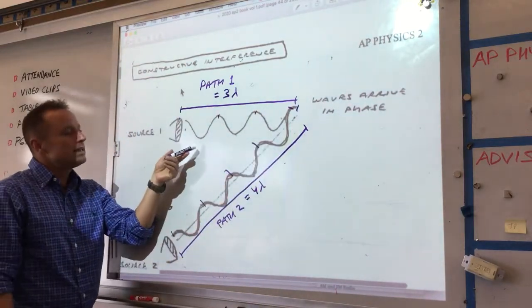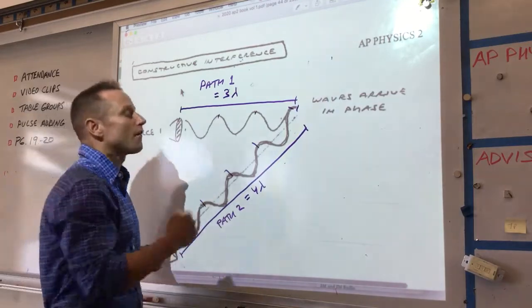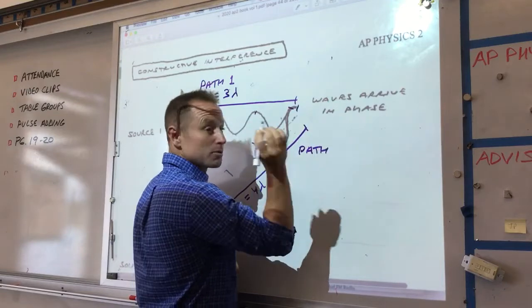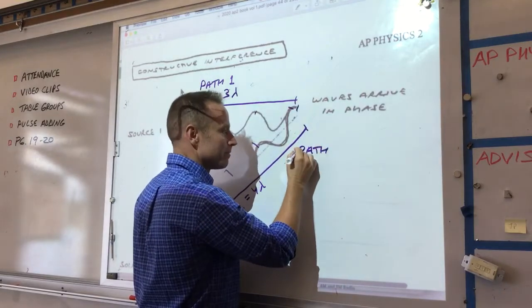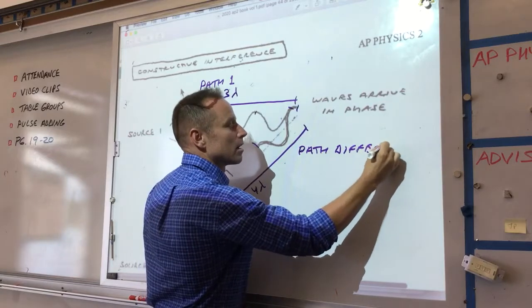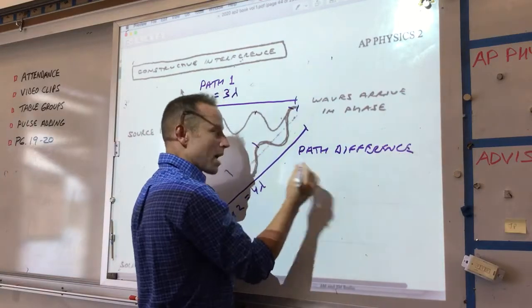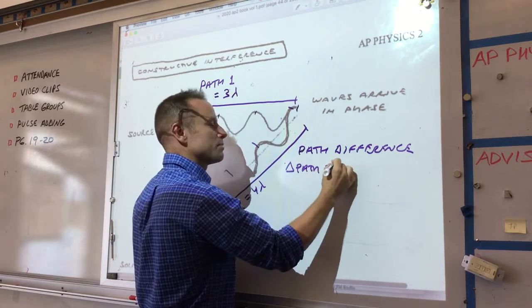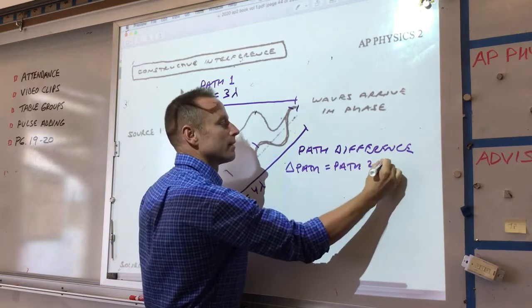So what's key here is you notice what's called the path difference. This is the most important thing in this whole unit, honestly. So the path difference, which I'm going to call delta path, is really just path 2 minus path 1.